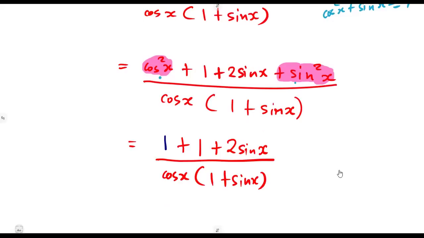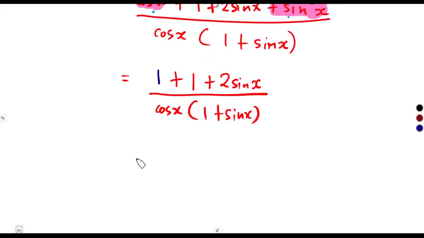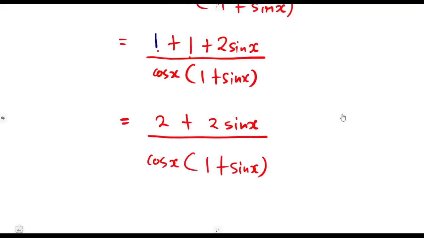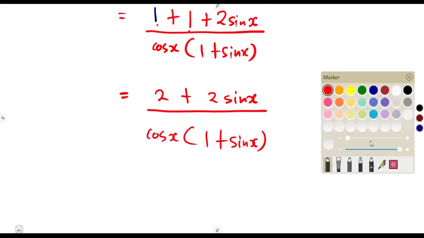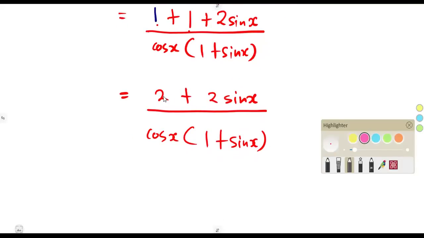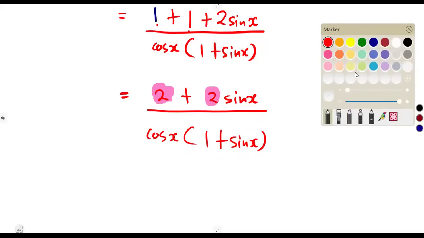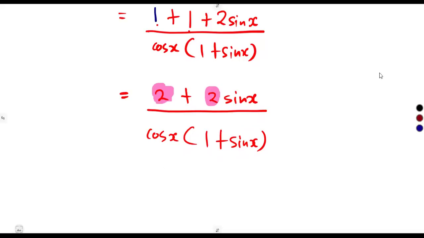So let's simplify, guys. In the numerator, we can add 1 plus 1, that's 2. So it's going to be 2 plus 2 sine of x, everything over the cos of x into 1 plus the sine of x. Where 2 is common, we can factor it out from the numerator. So let's take it out.